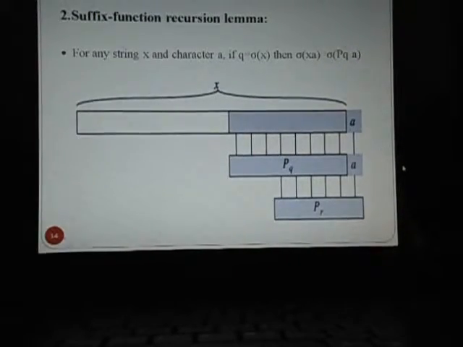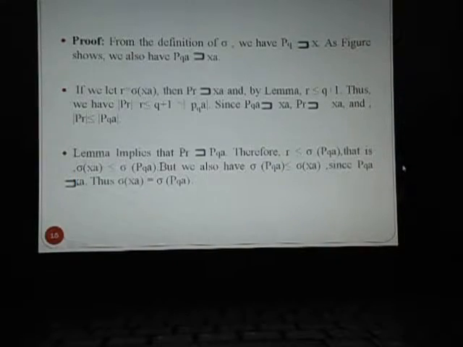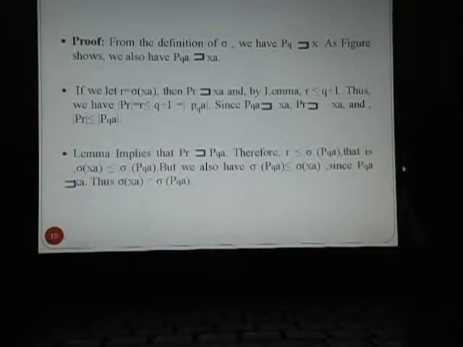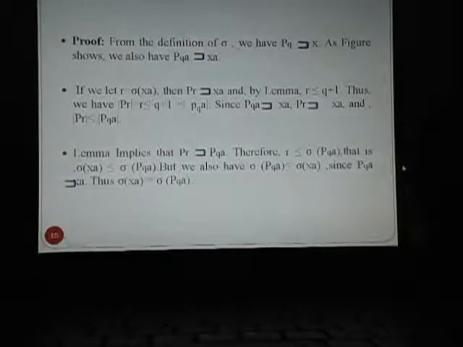Next one, the suffix function recursion lemma. This recursion lemma states that for any string x and character a, if q equal to sigma of x, then sigma of xa equals sigma of P_q a. This is the figure shown for the suffix function recursion lemma. The proof states that from the definition of sigma, we have P_q is a suffix of x, as shown in the figure.